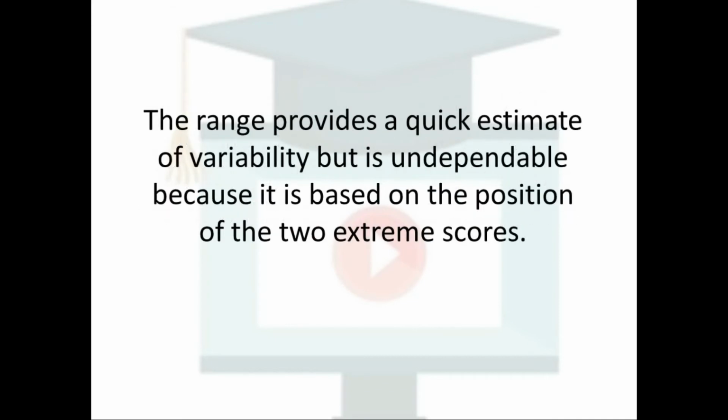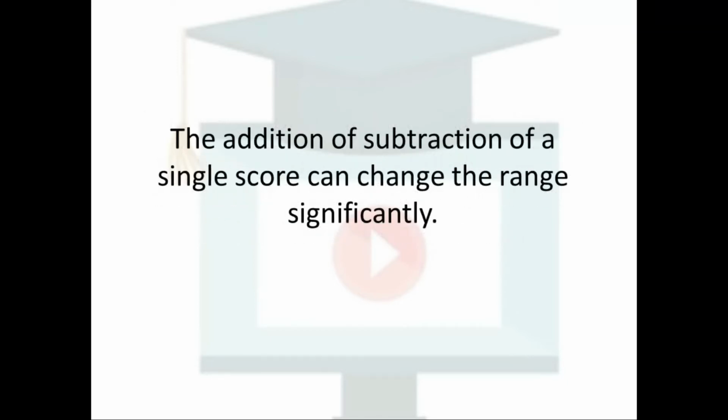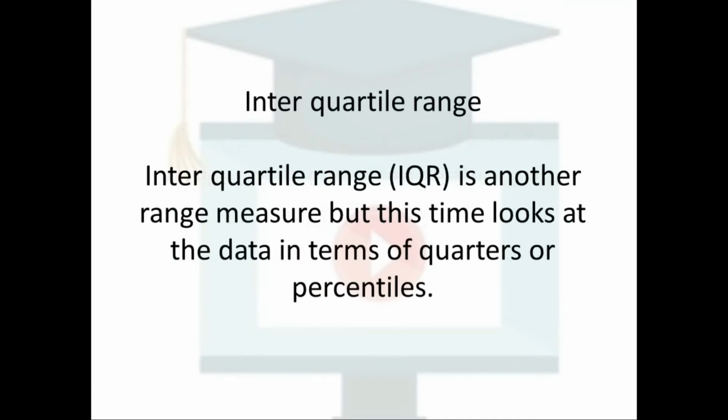The range provides a quick estimate of variability, but is undependable because it is based on the position of the two extreme scores. The addition or subtraction of a single score can change the range significantly.